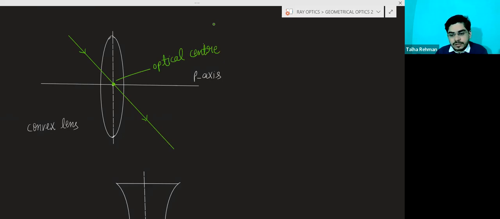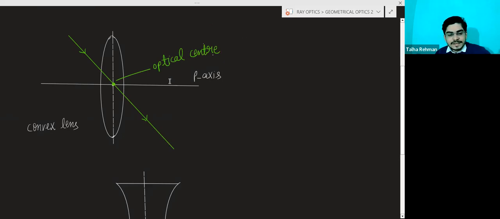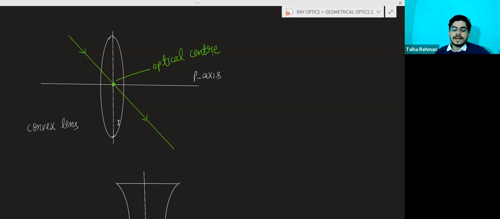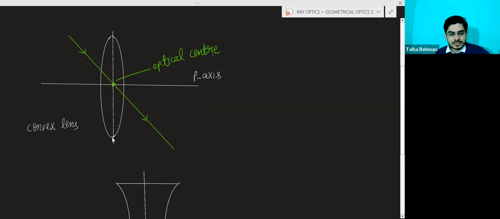It is not necessary that this optical center lies at the geometrical center of this lens. It will depend upon the radii of the surfaces whether this optical center will lie at the geometrical center or not.